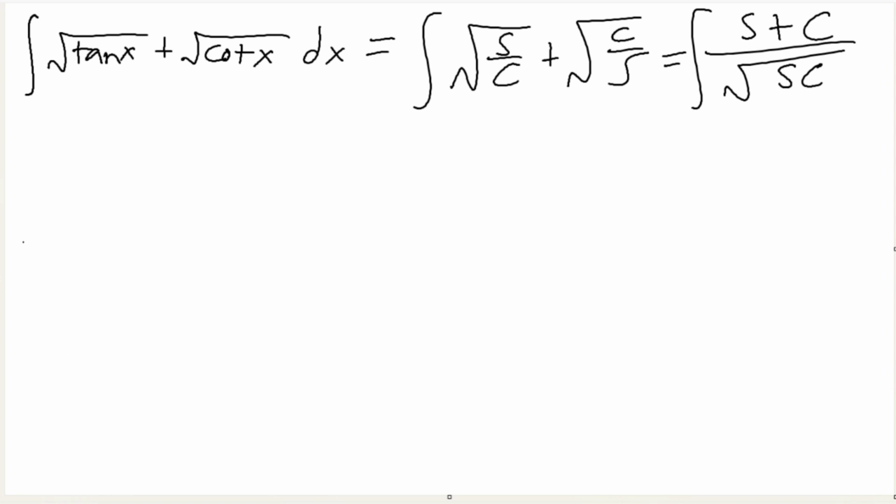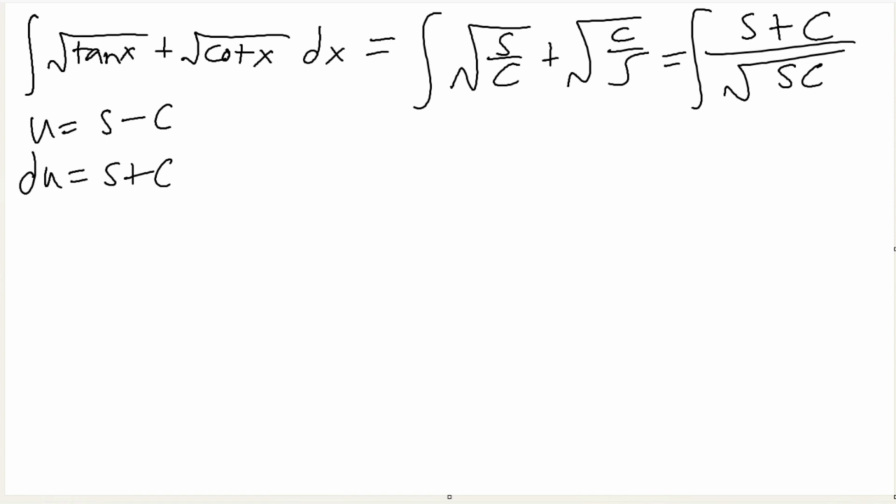It looks familiar, right? So I want my du to be sine plus cosine. Then my u has to be what? Sine minus cosine. So then that means we need 1 minus sine 2x. That's what that is.